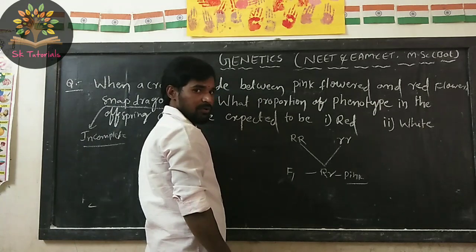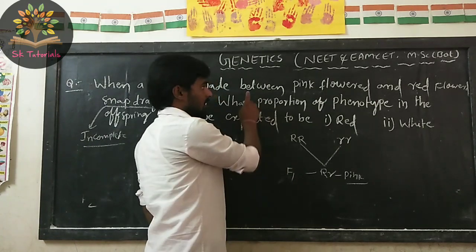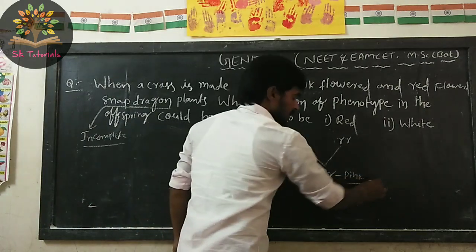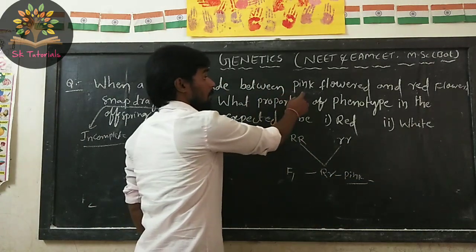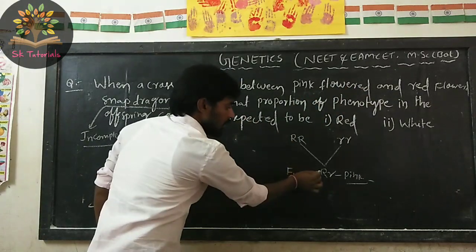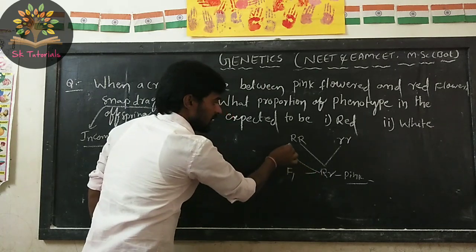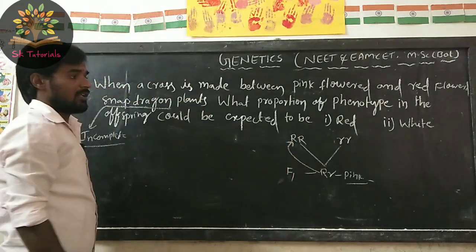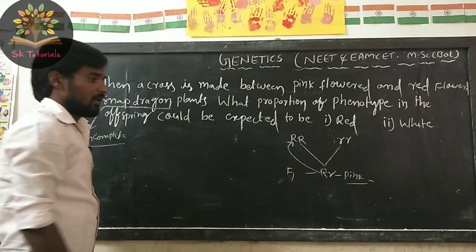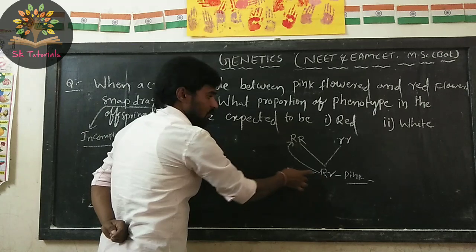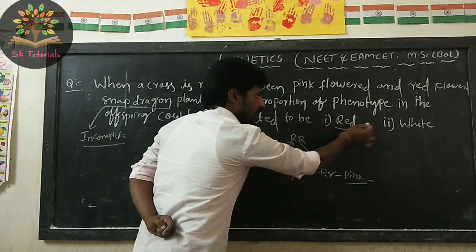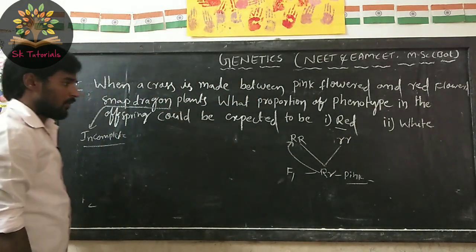The question is, the pink color flower snapdragon plant is crossing with the red color snapdragon plant. This is the question. If the pink color snapdragon plant is crossed with the red color snapdragon plant, what is the phenotype proportion of red and white? That is the question. Okay.